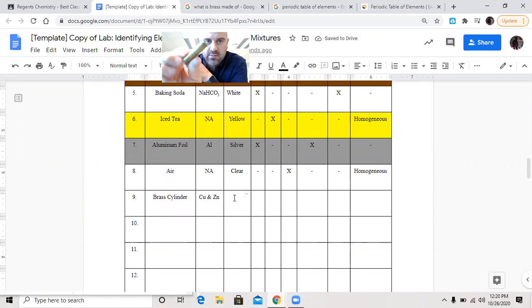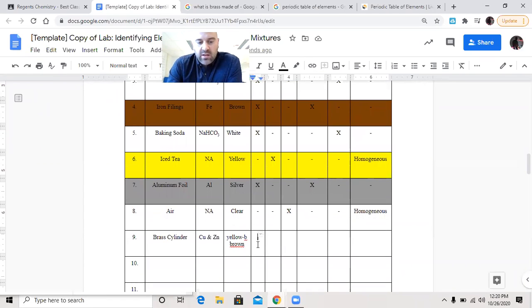Color I'm going with here, that color, I don't know, maybe a yellow, brown, maybe you want to call it gold. Brass, I'm calling it yellow brown. That is definitely a solid.